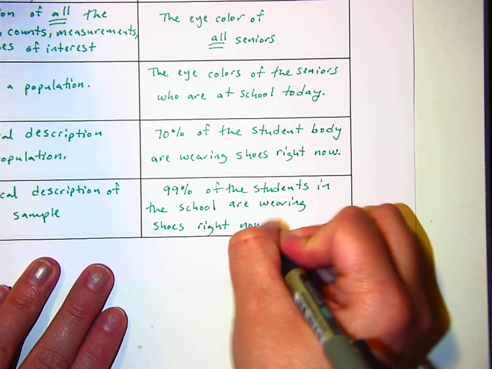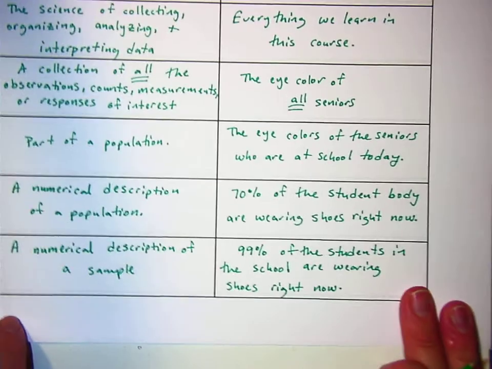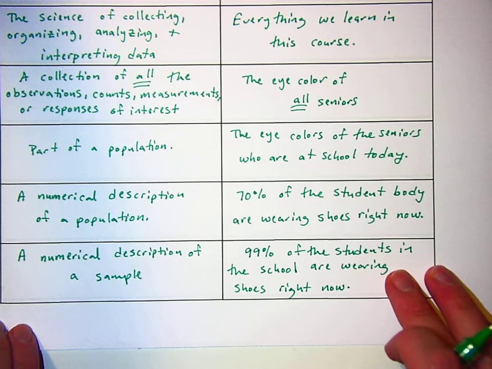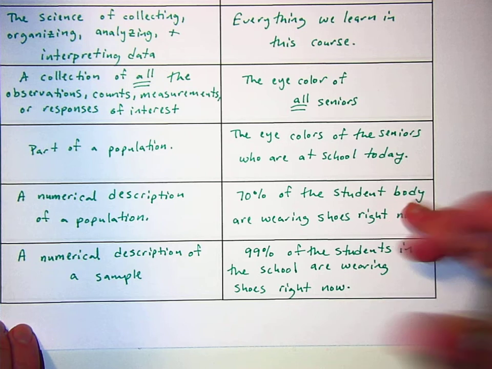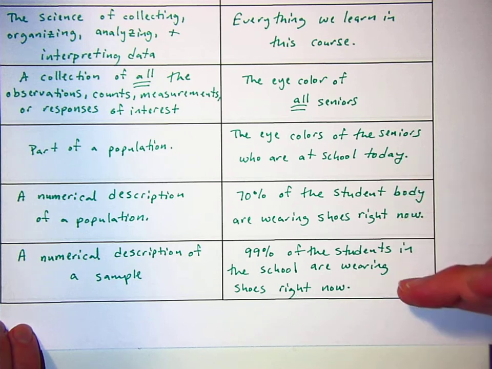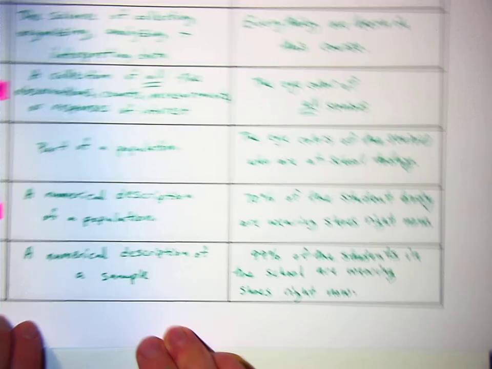In this case, the sample doesn't really match the population. And the reason is because specifically shoes is something that you tend to not necessarily do in your house. Some people do, some people don't. But definitely something you need to do in school. So those are definitely related to each other.